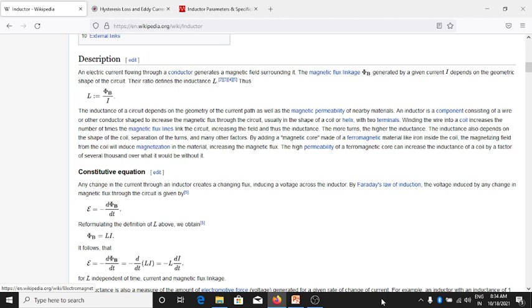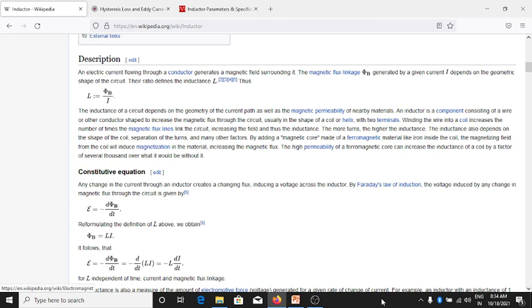Winding the wire into a coil increases the number of times the magnetic flux lines link the circuit, increasing the field and thus the inductance. The more turns, the higher the inductance. Clear? More number of turns means higher inductance. The inductance also depends on the shape of the coil, separation of the turns, and many other factors.